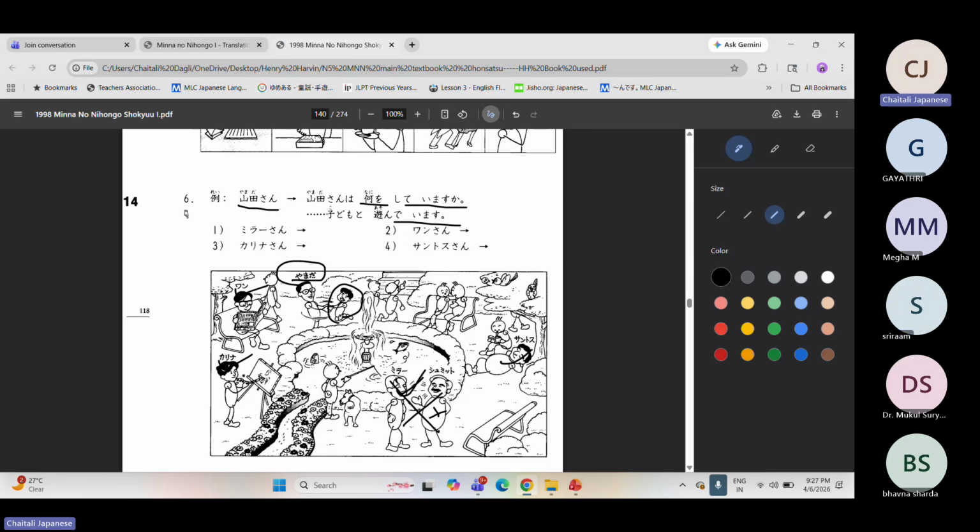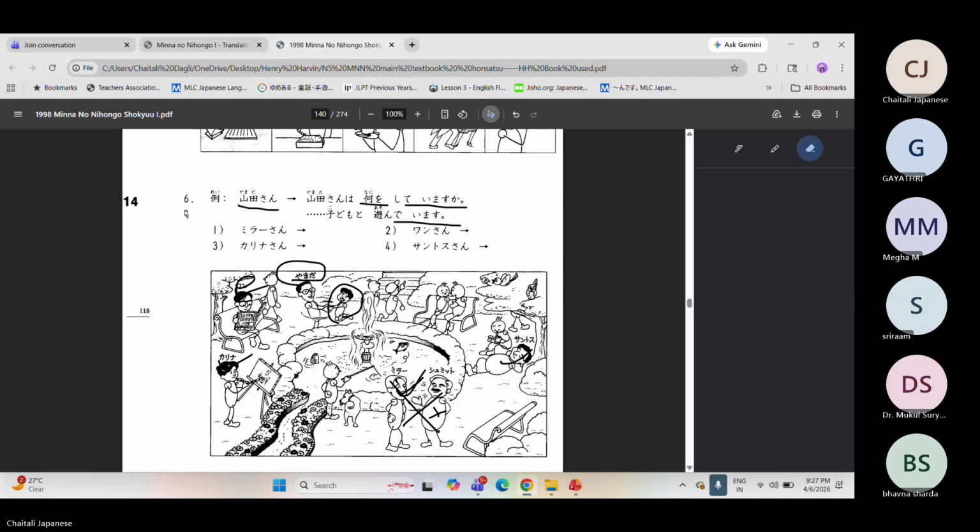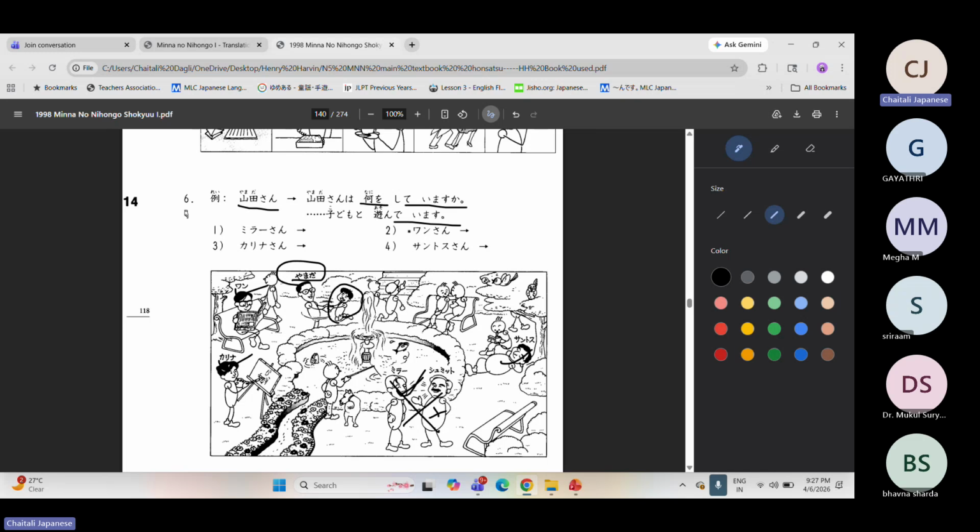Now we look at Wan-san. Wan-san is here. He's reading a newspaper. So your sentence will be Wan-san wa nani o shite imasu ka? He's reading a newspaper. So what will be the sentence? Shinbun o yonde imasu. Yomimasu becomes yonde. Mini B, first group, second subgroup. Are we clear, everyone?